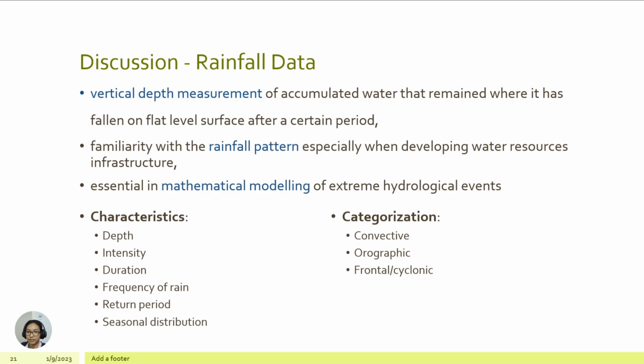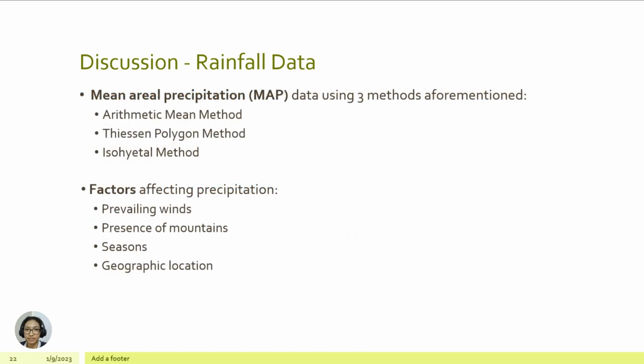They can be categorized into three different types based on different air-lifting mechanisms: convection, orographic, and frontal or cyclonic. Due to high flooding incidents in the selected area for our project, the mean areal precipitation, defined as an estimation of the average depth of precipitation or rainfall over a region for a specific time interval, is calculated using three different methods: the arithmetic mean method, the Thiessen polygon method, and the isohyetal method.